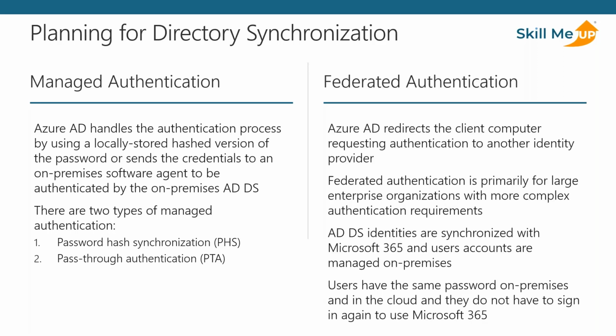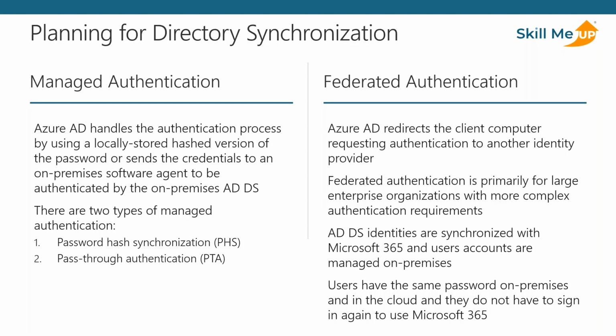The second option here is federated authentication. So Azure AD redirects the client computer requesting the authentication to whatever the other authentication identity provider is. So for example, if it's local Active Directory Federation Services, or if it's a third-party provider, when the end user hits Office 365, they'll type in their email address and it will instantly redirect them to where they're supposed to authenticate.